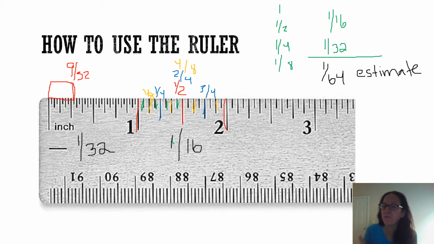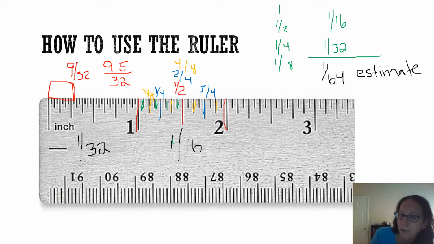But if you think it goes a little bit over, but not all the way to the next line, here is what you will do. You would say it's at 9.5/32. When you cut the 32nd in half like that, you're estimating to the closest 1/64.